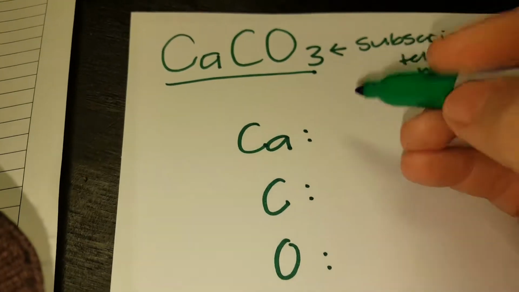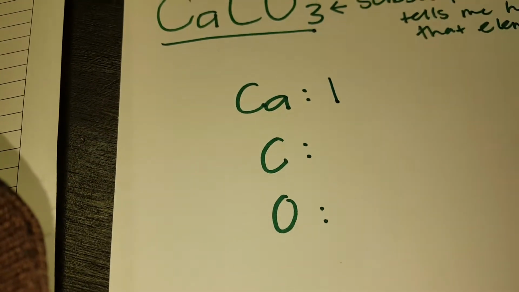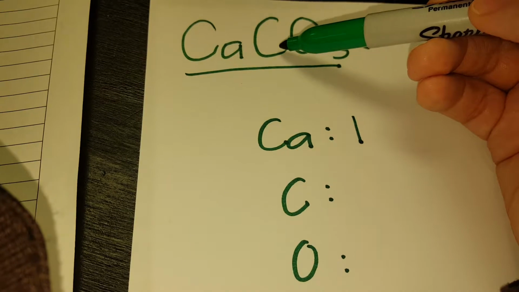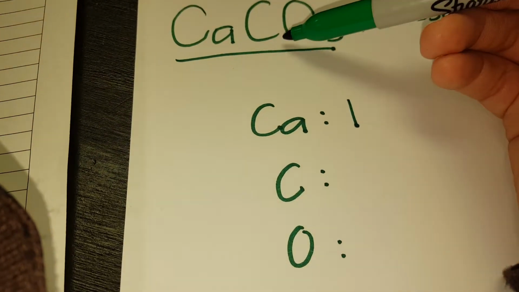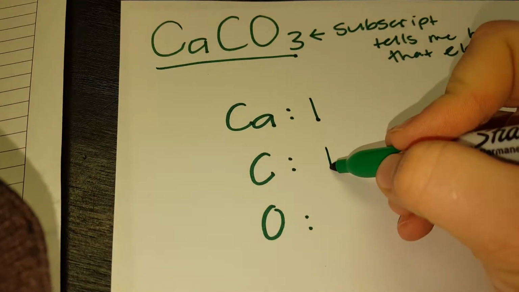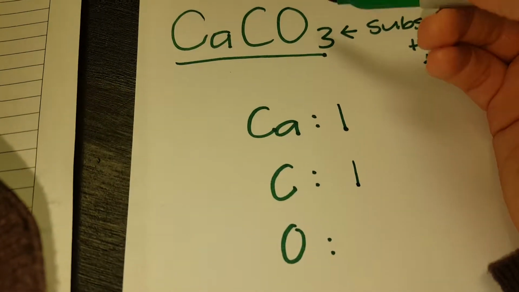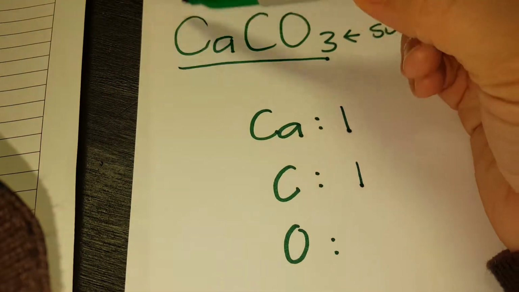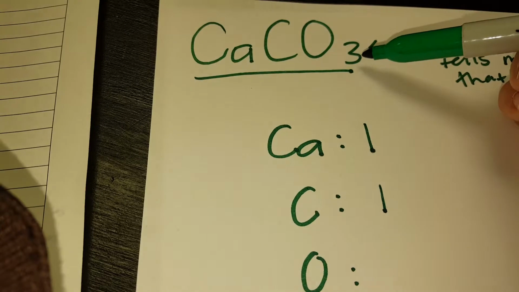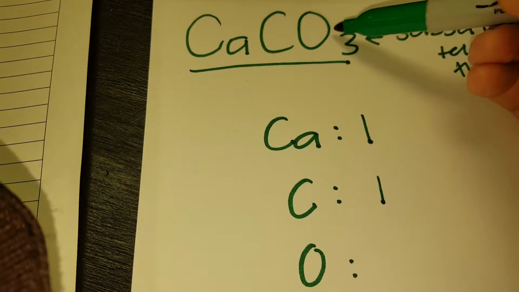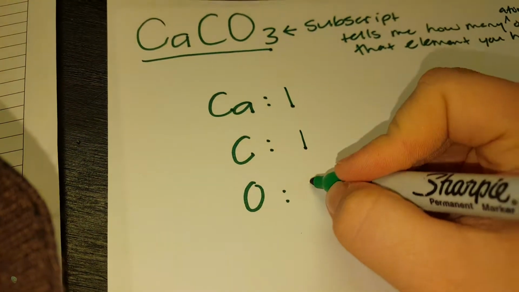So that tells me that I only have one calcium. Carbon, same thing. No coefficient in the front, no subscript in the back, so I only have one carbon. And then oxygen, there's no coefficient in the front, but I do have a subscript in the back, and that tells me that I have 3 oxygen atoms.